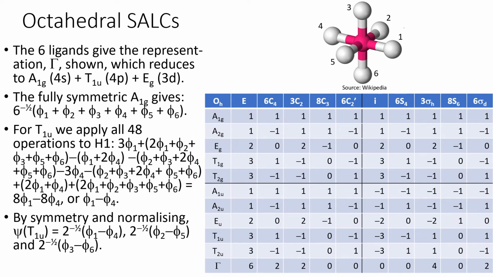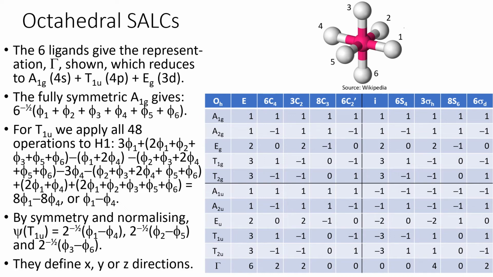And as we said before, the minus in front isn't really that physically important anyway. So we can stick to just these three functions as our triply degenerate T1U symmetry adapted linear combinations. And because there's just two functions with an unwritten 1 in front of them, the normalizing factor will just be 1 over the square root of 2. Once those are multiplied by themselves, that would become a half, and summing those two half terms would give you the normalized function.